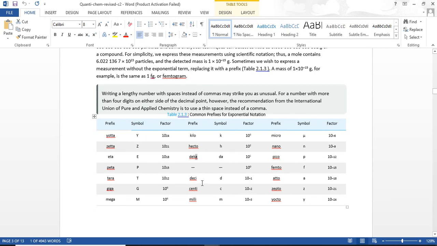Then we go with the lower values. You have your deci. Deci is a lowercase d for your symbol and the value is 10 raised to negative 1. For your centi, it is lowercase c, 10 raised to negative 2. For your milli, it is small letter m, 10 raised to negative 3. Your micro, class, has a unique symbol.